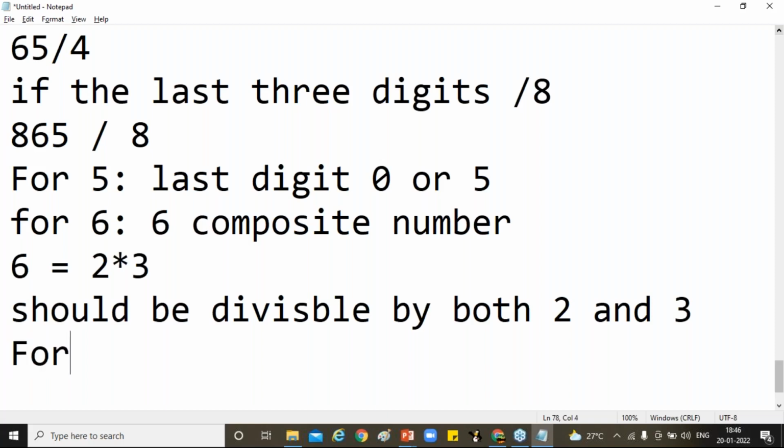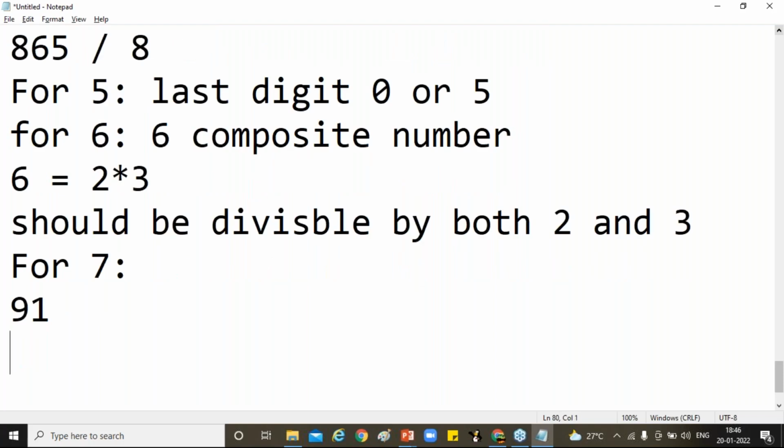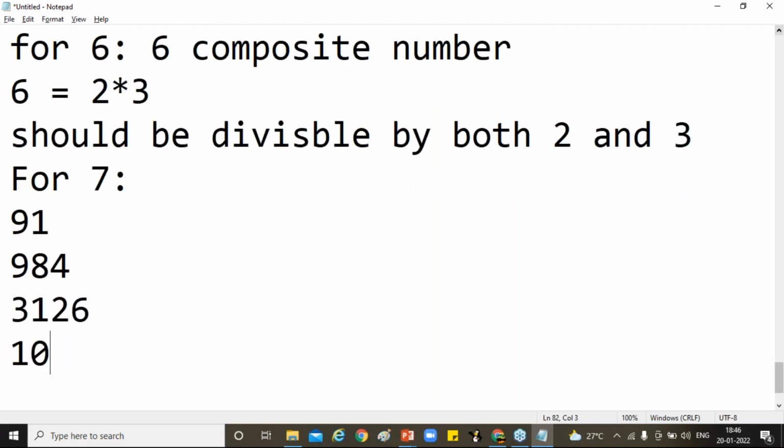But focus on the divisibility condition for 7, because the other logics are available anywhere, but please focus on the divisibility condition for 7. 91 is the number. 984 is a 3-digit number. 3126 is a 4-digit number. 10717 is a 5-digit number.